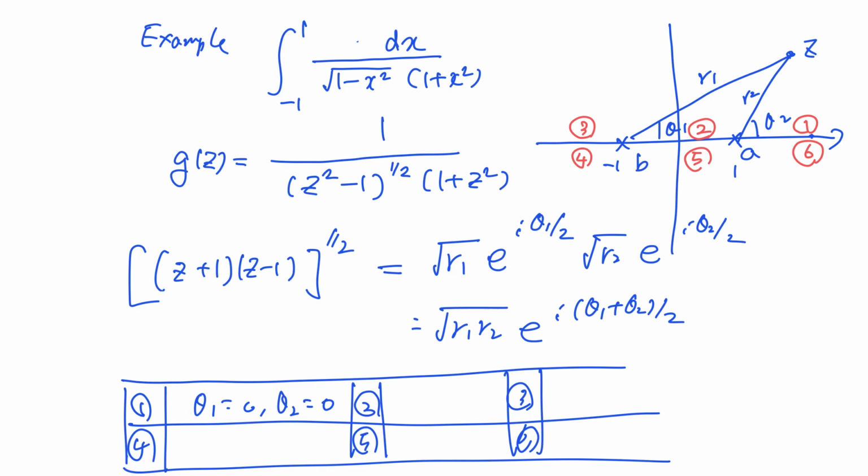So theta 1 is 0 and theta 2 is pi. How about point 3? Theta 1 is pi, theta 2 is pi. How about this one below, point 4? Theta 1 is still pi, theta 2 is still pi. Here is tricky, point 5.